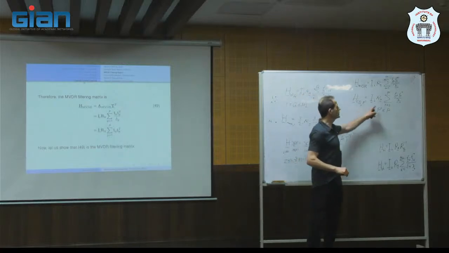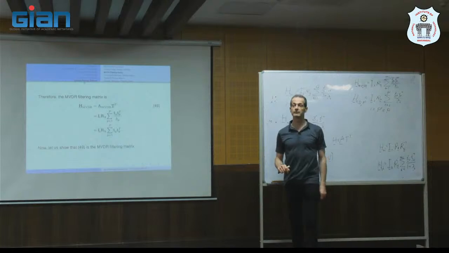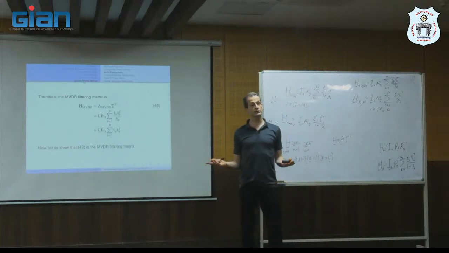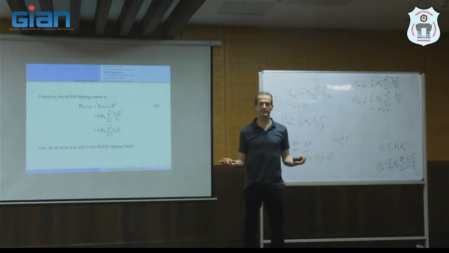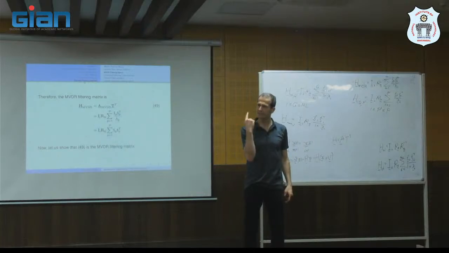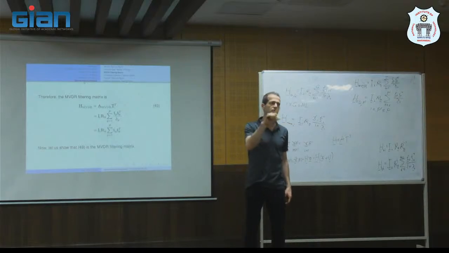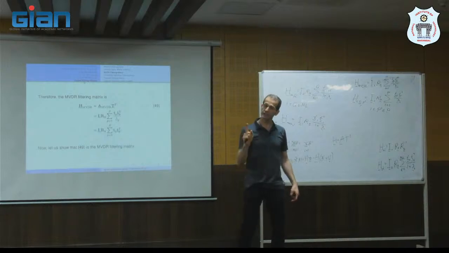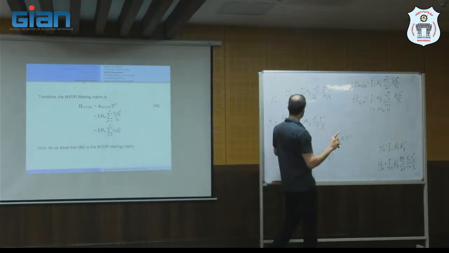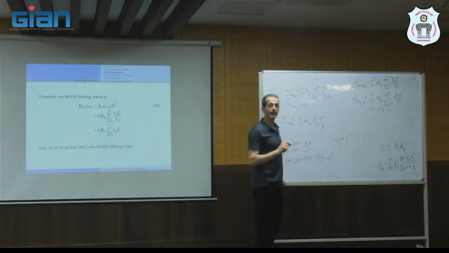Now, if I choose only the first component, it means that it will keep only one component of the signal in the best way, where the signal is the most concentrated in that component. And actually, it will reduce also maximum SNR.